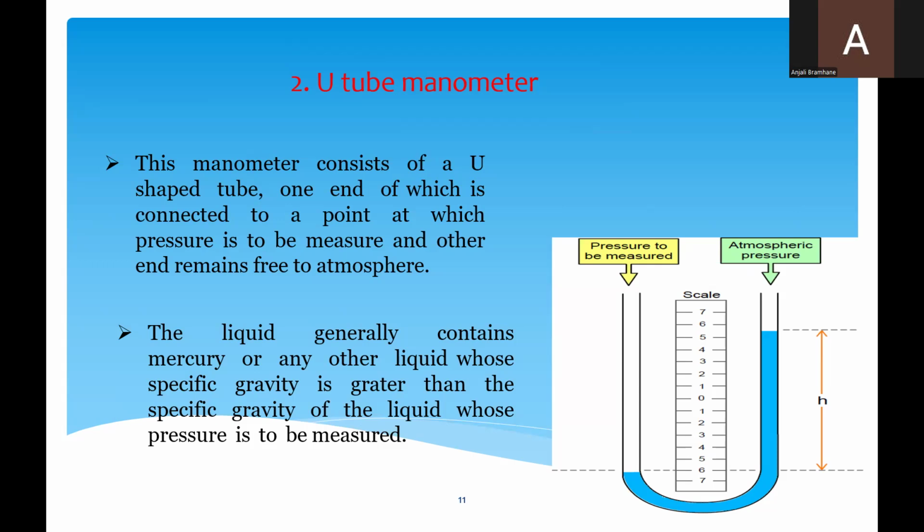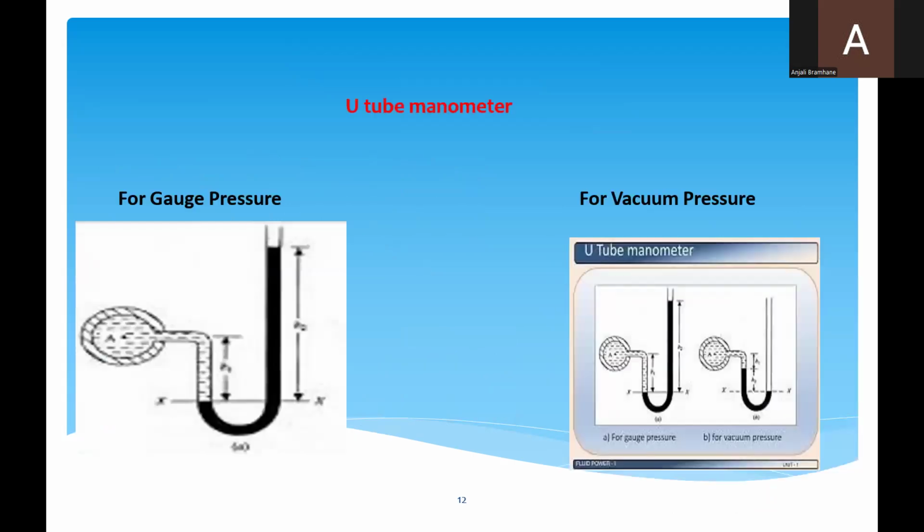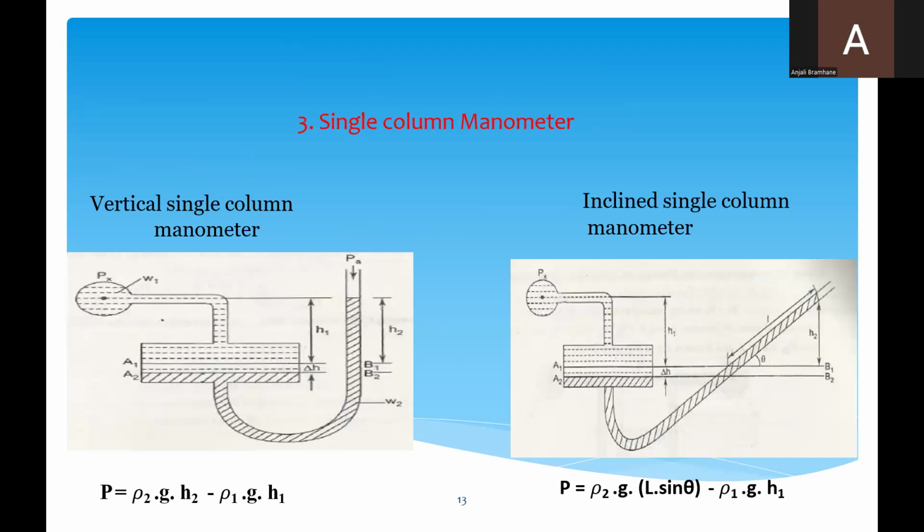The liquid generally used is mercury or any other liquid whose specific gravity is greater than the specific gravity of the liquid whose pressure is to be measured. Next, the U-tube manometer for gauge pressure and for vacuum pressure. This figure is for gauge pressure and this figure is for vacuum pressure.